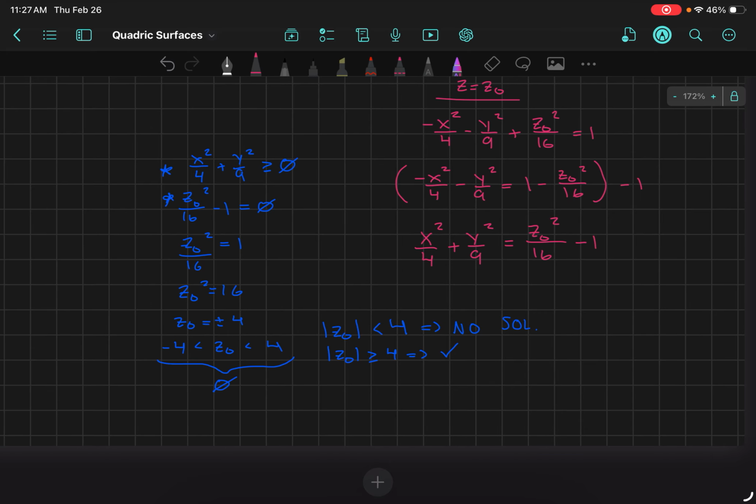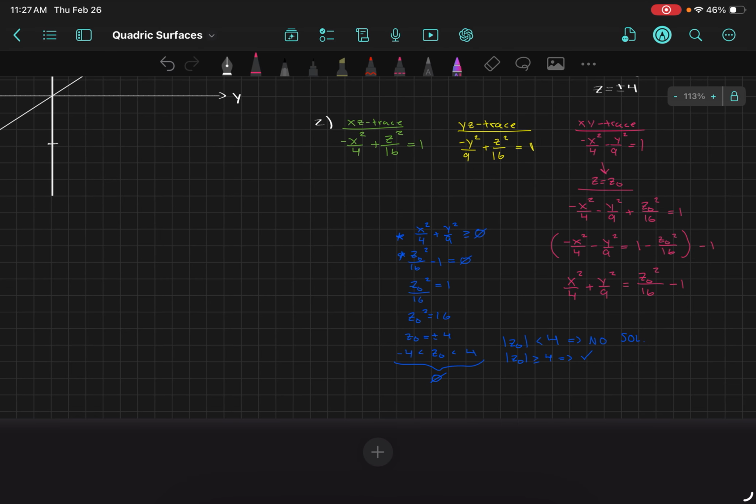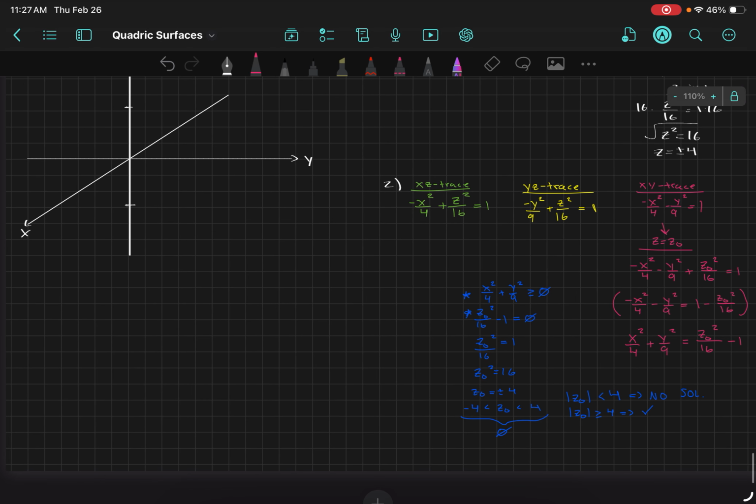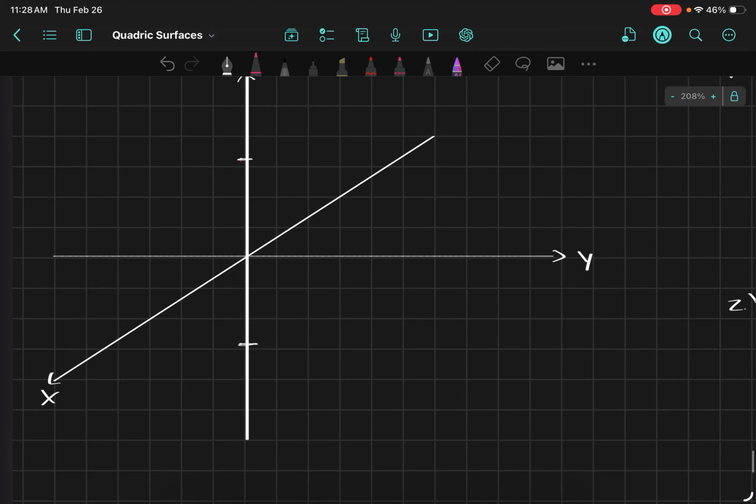Once again, I need to reiterate this so that we can understand why the hyperboloid of 2 sheets looks how it does. I'm going to come over to the graph here. For our z equals z naught trace, between negative 4 and 4, this whole area down here is no-go.